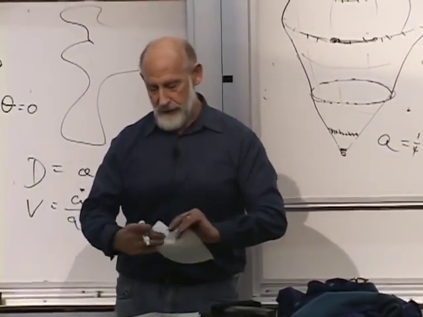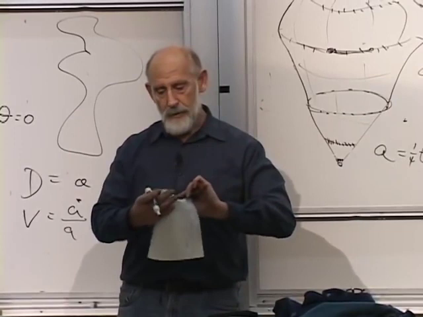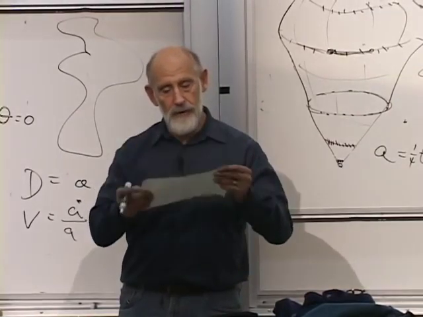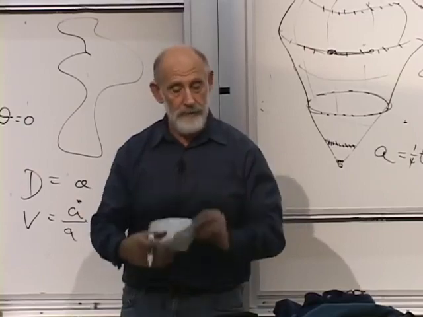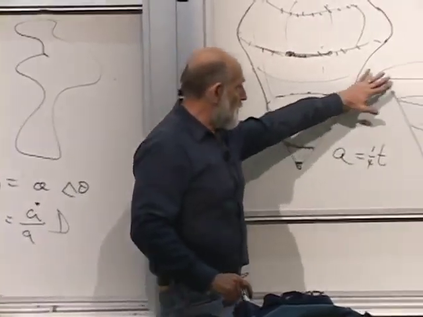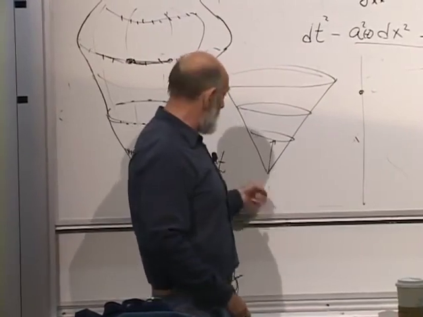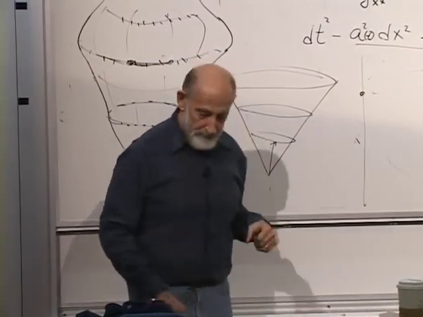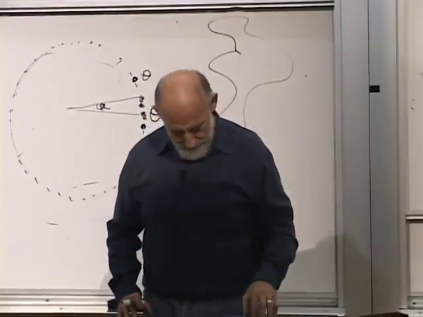Just by sewing the edges together, you make a cone, but the only place that the cone is curved is right at the tip of the cone here. That's the only place where there's any real curvature. So yeah, this is also flat except for the tip. The tip is the origin of time here, the Big Bang or whatever. We haven't gotten to the Big Bang yet.